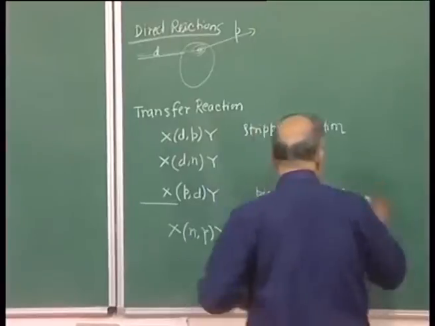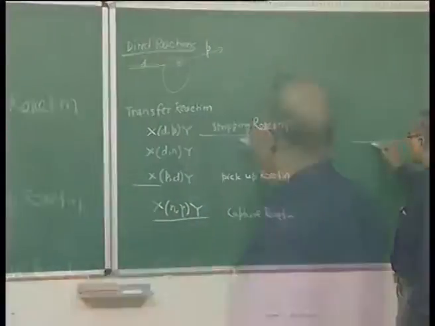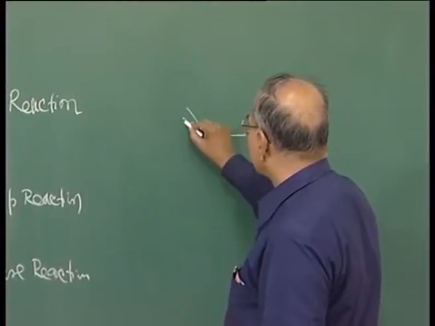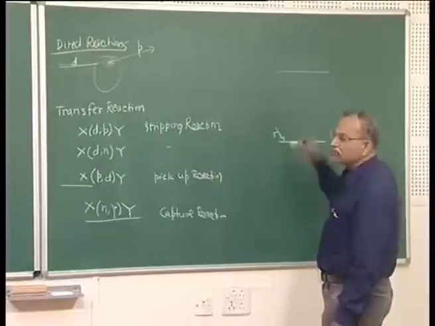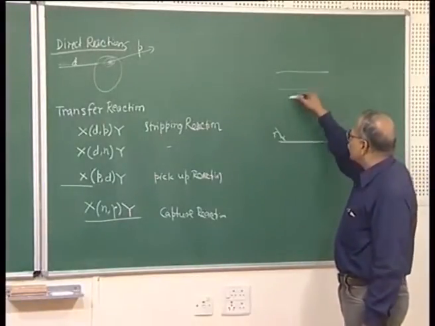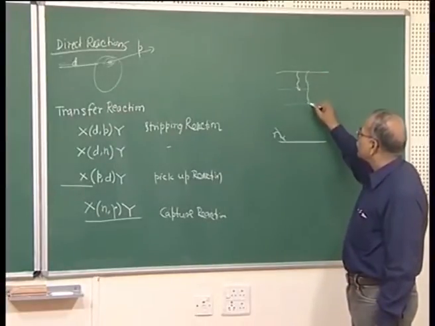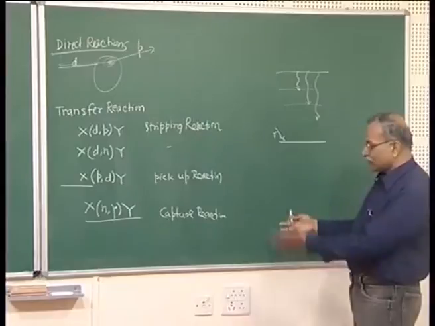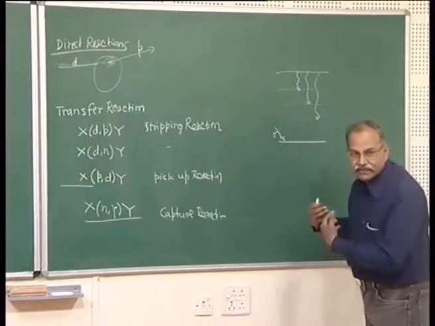So, in this reaction, the neutron comes here, gets absorbed, and then goes to some excited state, and from there it can come down emitting some gamma ray. It can also emit something else, even a neutron by itself.